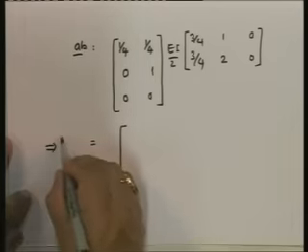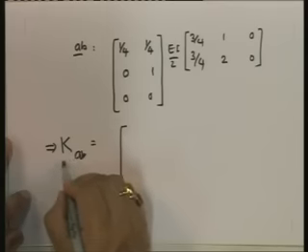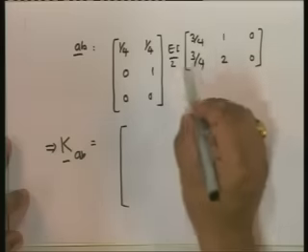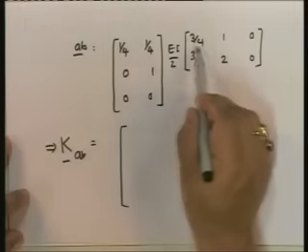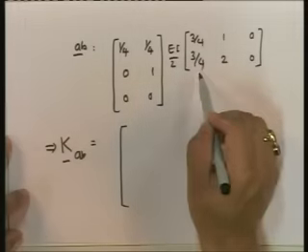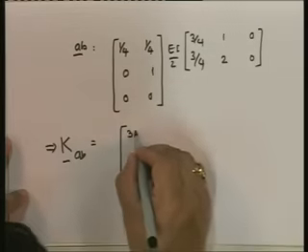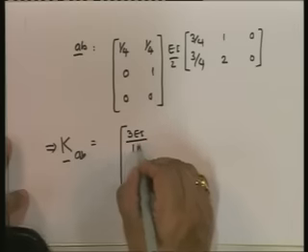This implies the contribution of AB to the stiffness matrix is equal to, if you look at the first one, 3 by 16 plus 3 by 16, that's going to be 3 by 8, so this is going to be 3EI by 16.